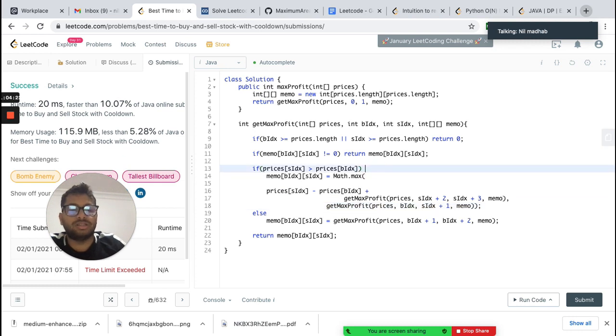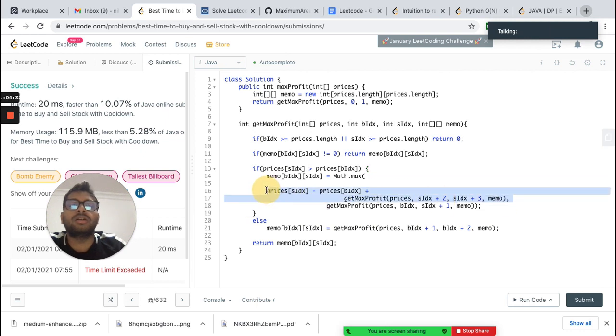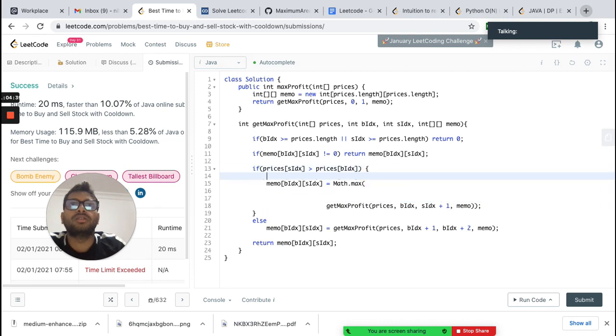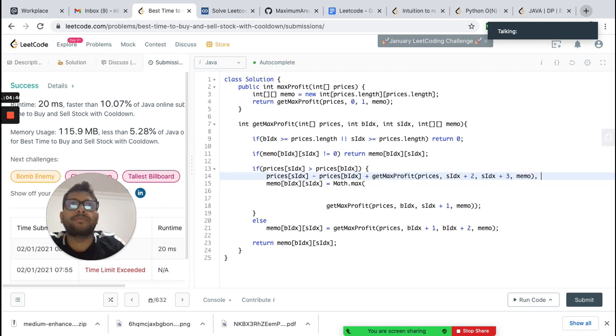So let's make this so that we can understand. So we have two options. int profit.